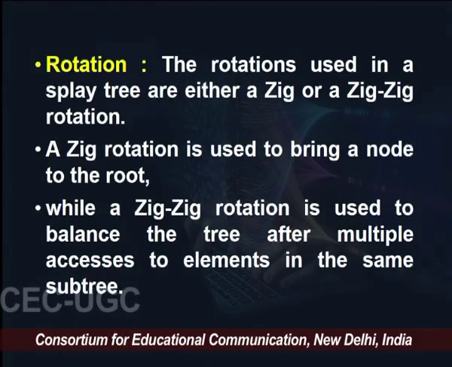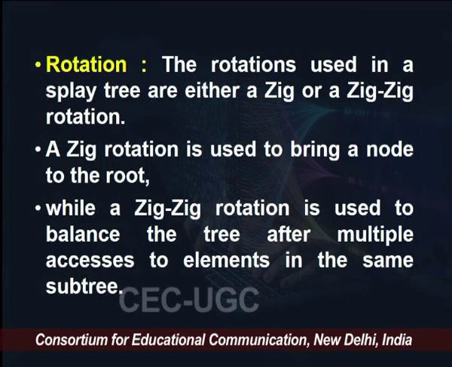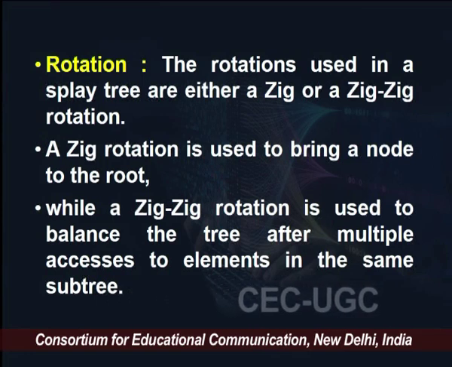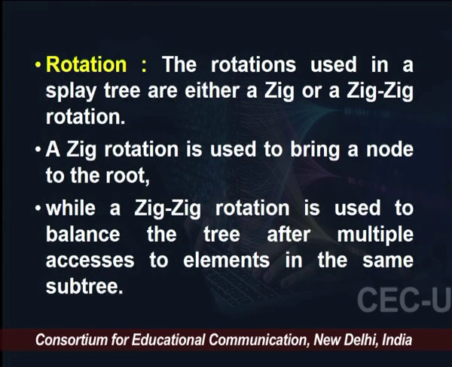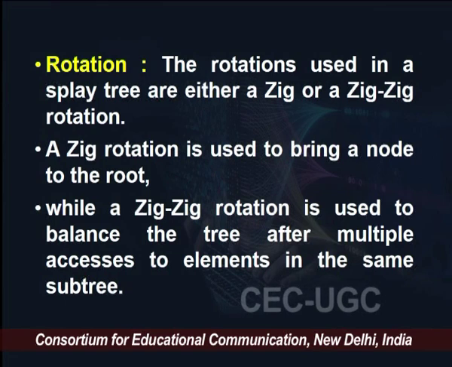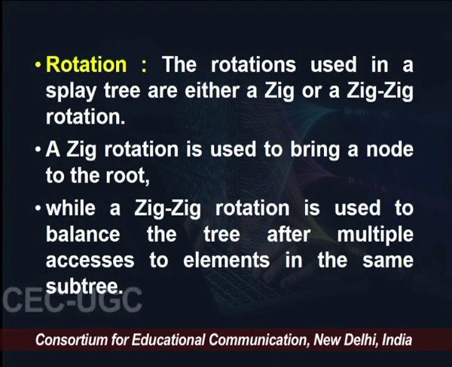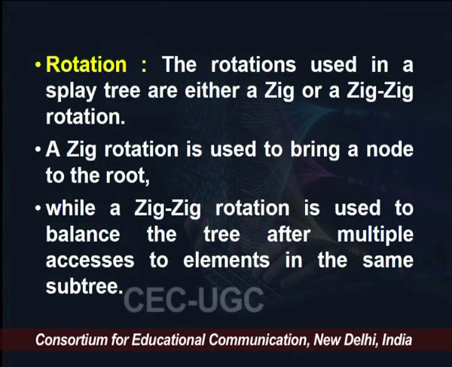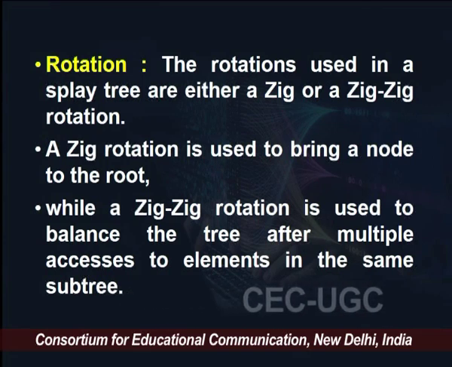The rotations used in a Splay tree are either a zig, a zig-zag, or a zag rotation. A zig rotation is used to bring a node to the root, while a zig-zag rotation is used to balance the tree after multiple accesses to elements in the same subtree.